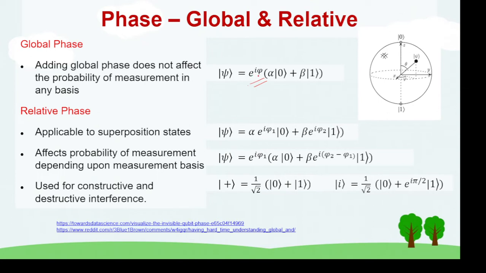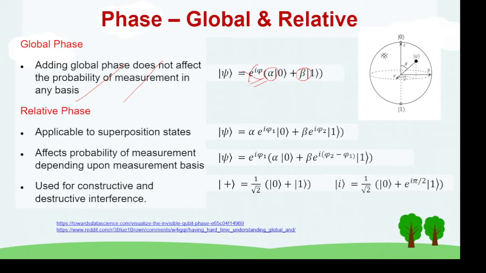At that time we will be multiplying e to the power of i phi with e to the power of minus i phi, which will result in 1. So the probability depends only on alpha and beta for these two states. That's why we neglect global phase, and we don't really worry about or talk about it. But relative phase is an important one.